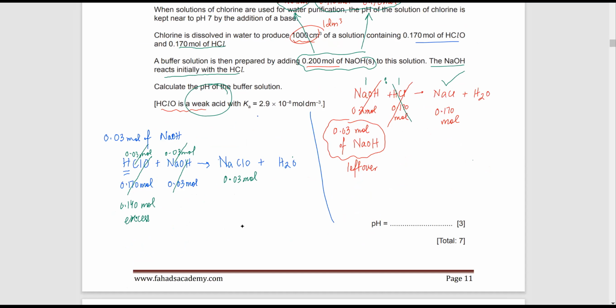So at the end of the day, you have a buffer solution. The buffer solution is going to be, you have a weak acid. So there's this leftover weak acid, 0.140 moles of HClO.